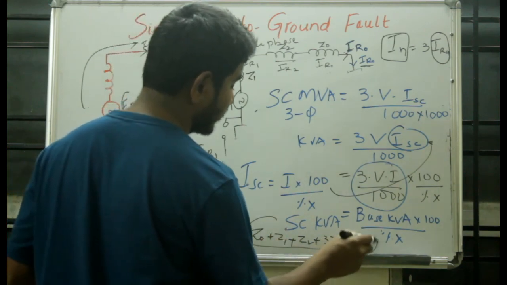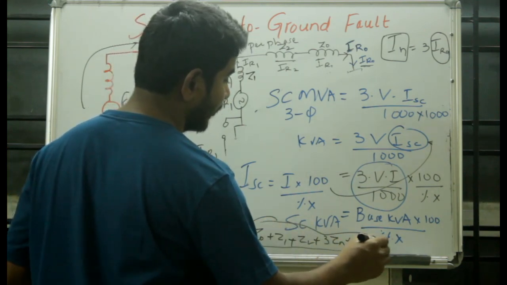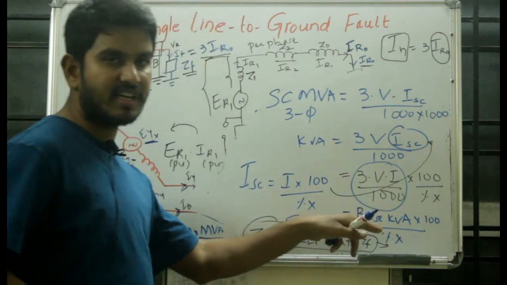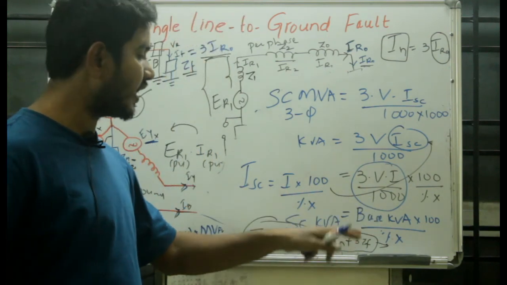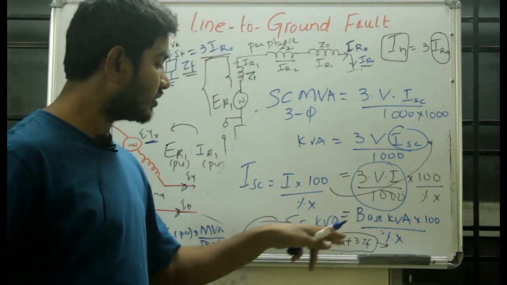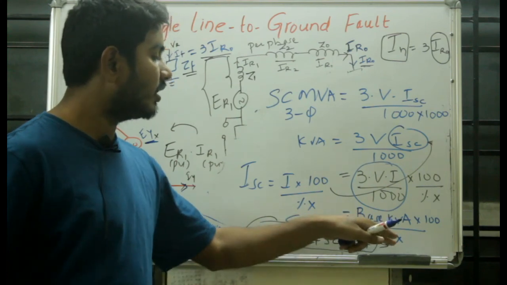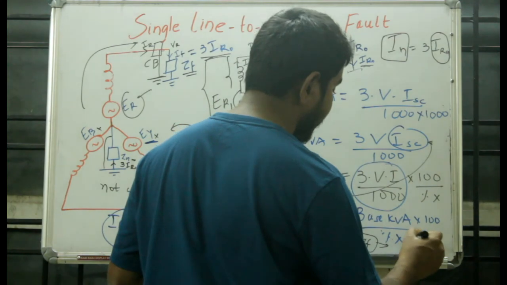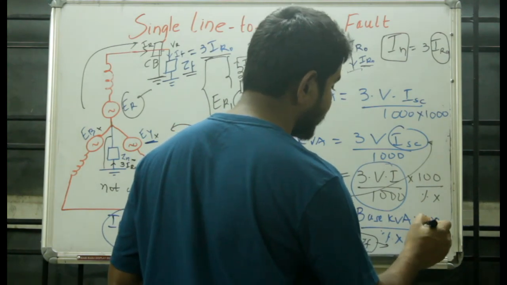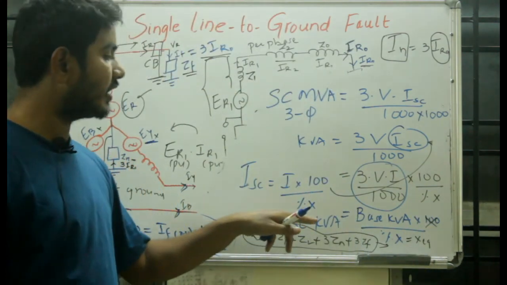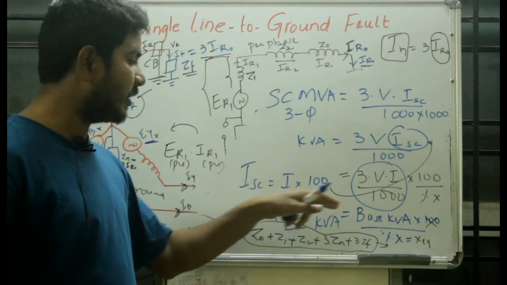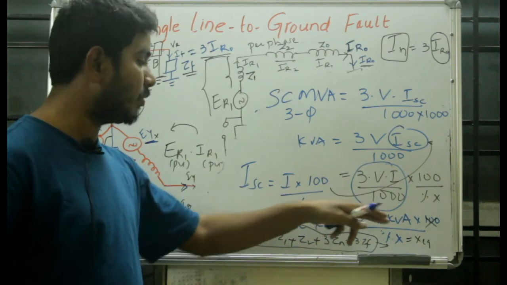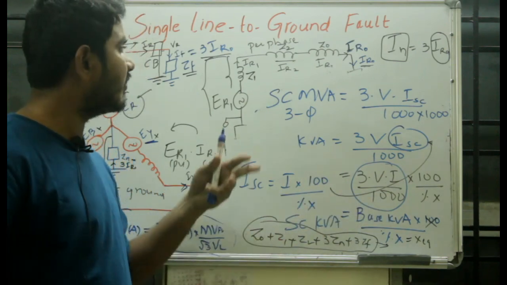After finding this impedance, you can put it here. Base MVA is given in the question, and you can put this value in place of percentage X, or make it X equivalent and remove the 100. So short circuit kVA or MVA will be equal to base kVA or base MVA upon X equivalent. This is the other way.